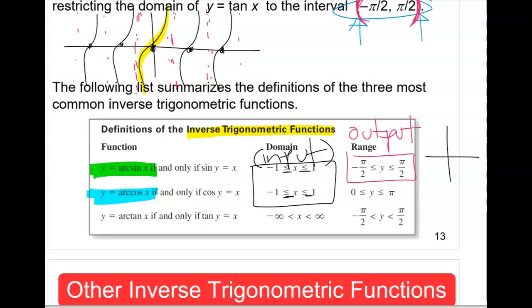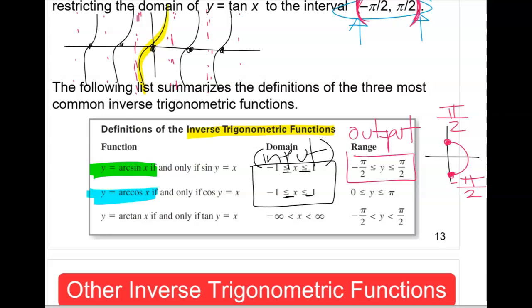That will be the area that goes from here to here, and this is included, so I'm going to put a filled-in circle. So pi/2 here and -pi/2. So that is for the sine inverse. That's how our answers, our outputs, will be.